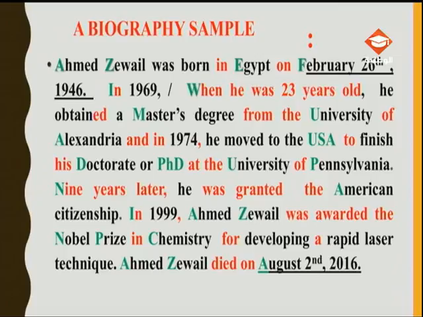We use capital letters, for example, to speak about diplomas and degrees, doctorate, PhD. Also, titles, Nobel Prize, Chemistry. And finally, we use capital letters for adjectives related to nationalities. You have American. If we had to use the adjective Egyptian, we would have written it with a capital E. So be careful of all these details in addition to punctuation, otherwise your mark will be affected.